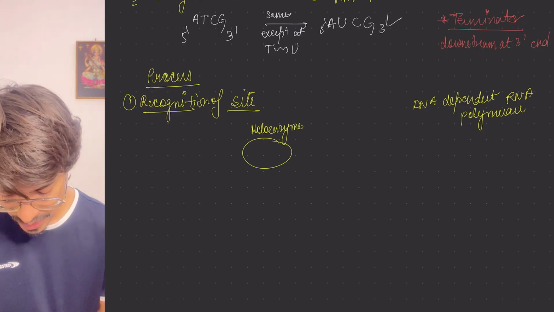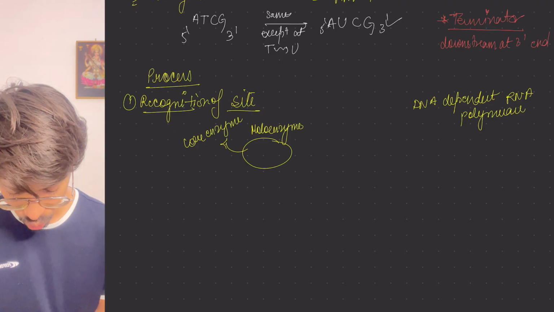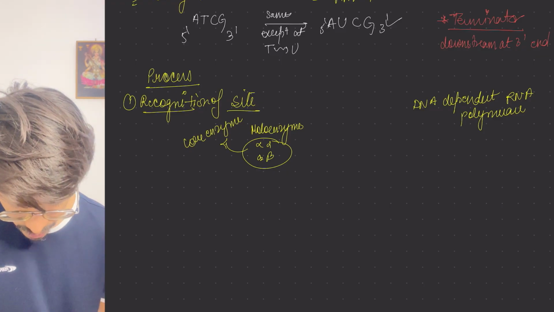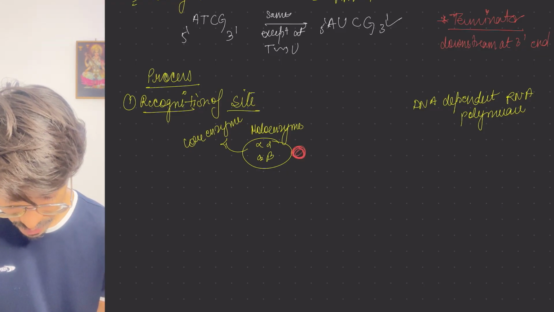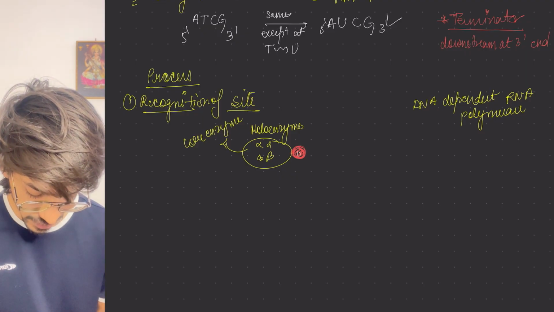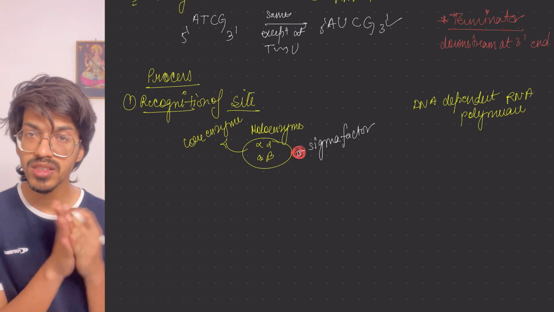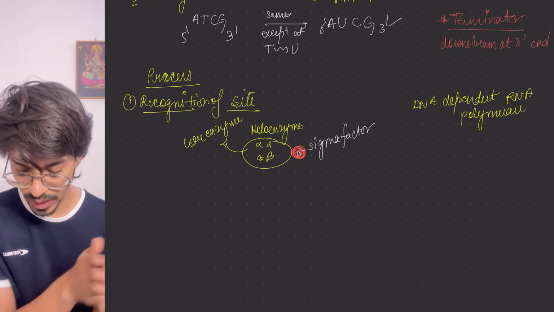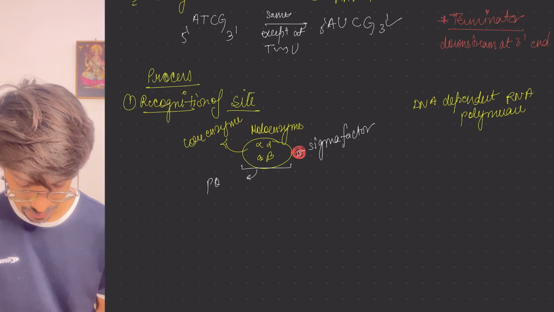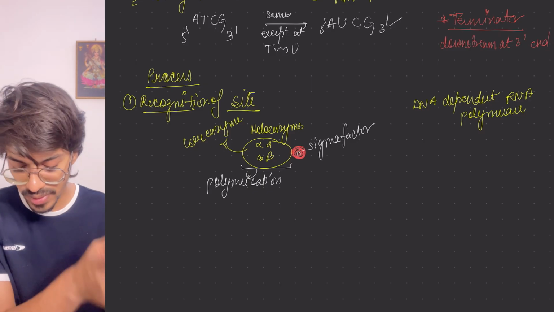One is the core enzyme, which is made up of 4 different units, and on this sits a small extra thing called the sigma factor. The sigma factor is important for finding the site, and the core enzyme is important for the polymerization. Together they are important to go to the site.